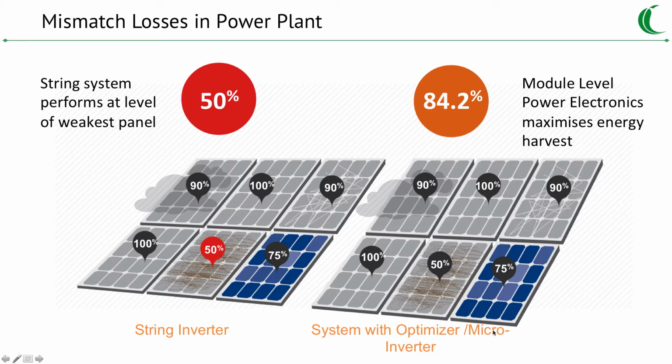Optimizers have certain limitations: if, let's say, 50% of the modules in an optimizer string have a defect, it might limit the optimizer's performance to some extent, but still it is far better than having a string inverter.